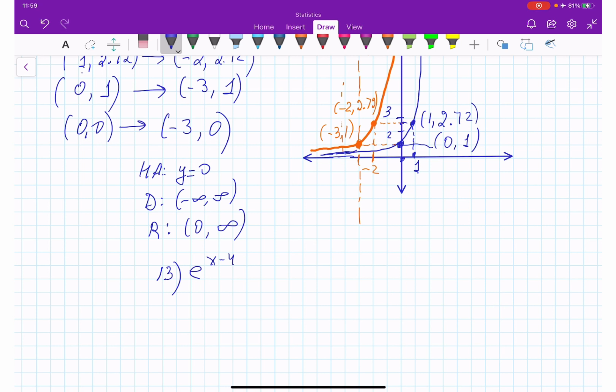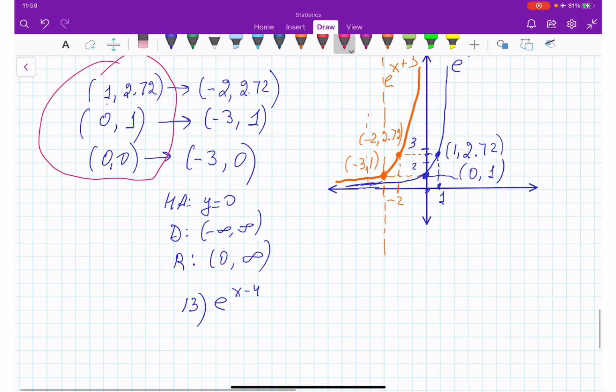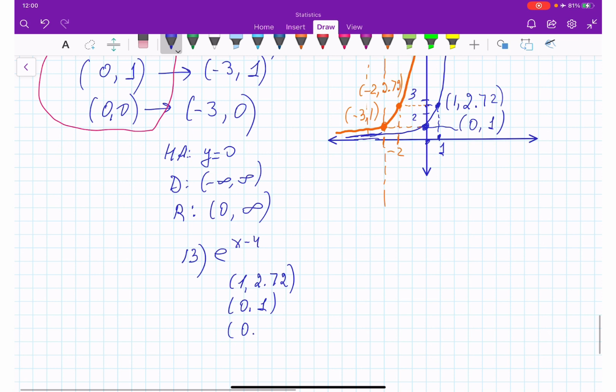We have the same points. So I'm going to shift x by plus 4. Let me write down the points: 1 and 2.72, 0 and 1, and 0 and 0.